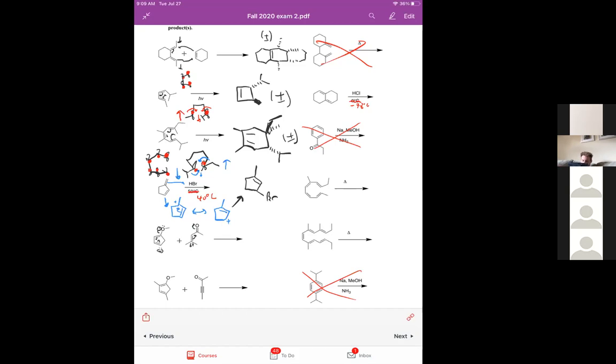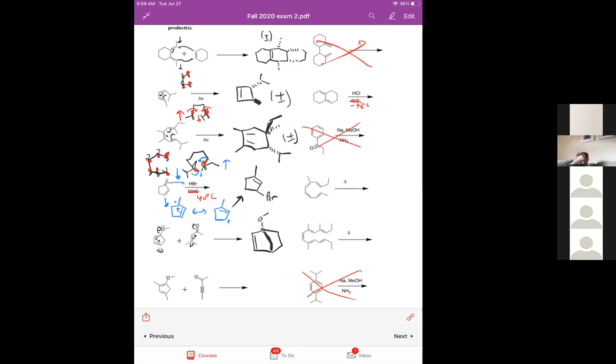So we're going to end up with a 6-membered ring. We got a bridgehead on this one. Oh, that's not 6. Our OMe is on the outside. That's going to end up going down.